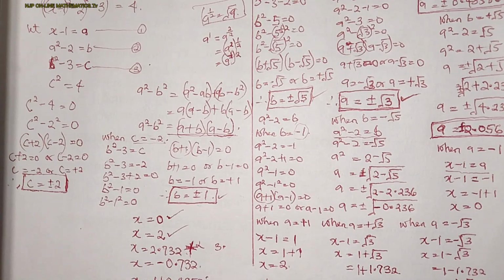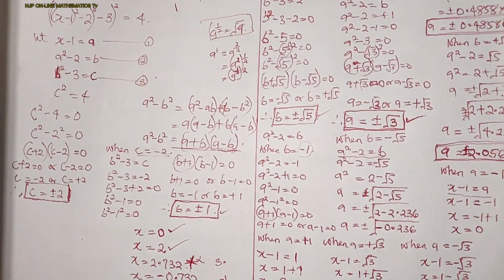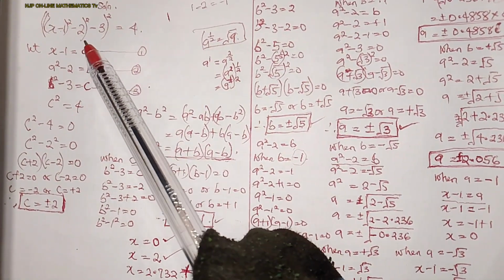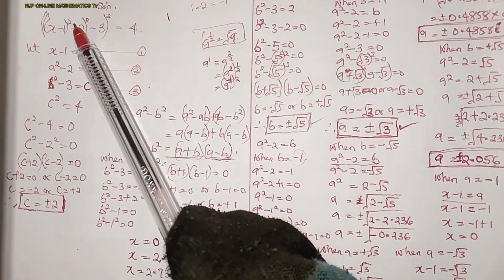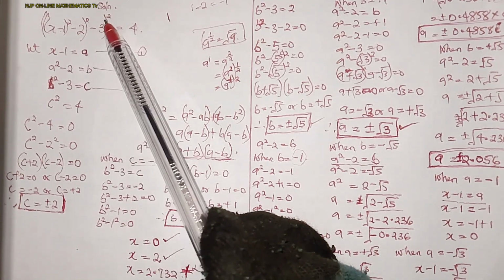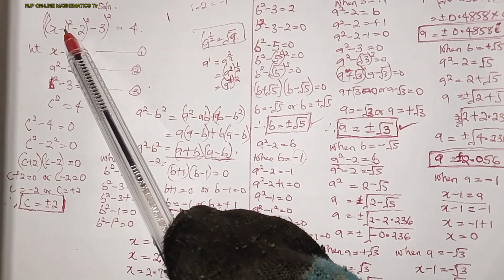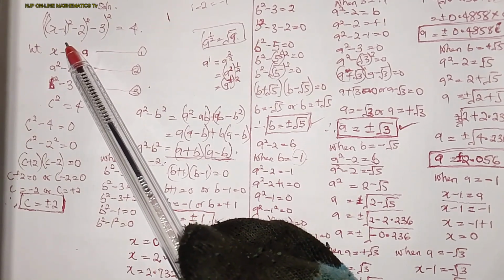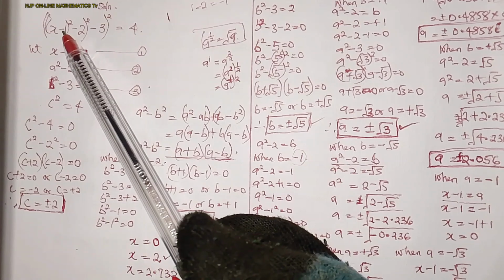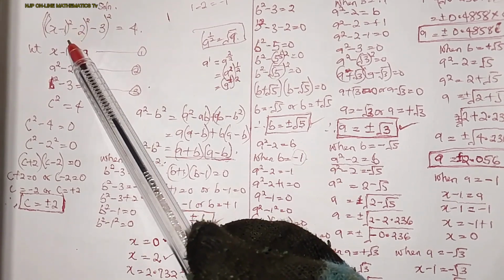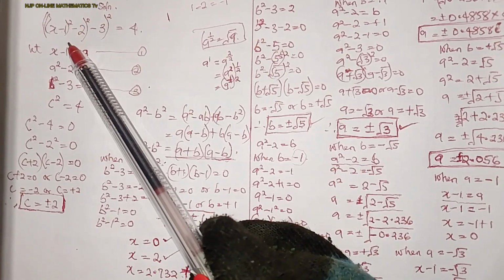Now let's see for this. If we approximate it to the nearest whole number, then we have negative 1. If we substitute negative 1 into the equation, x minus 1 all squared minus 2 all squared minus 3 all squared equals 4, then we'll have negative 2. 2 square is 4, and if we remove 2 from the 4, we have 2.